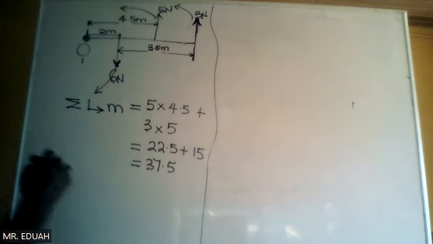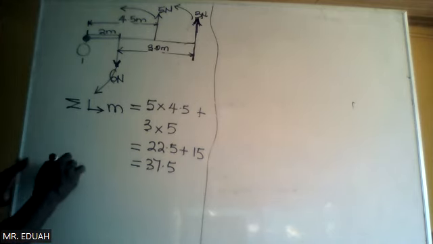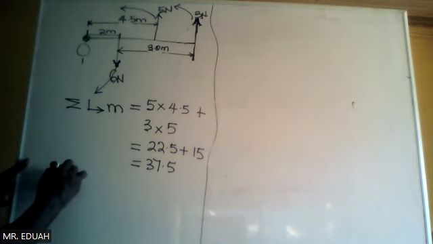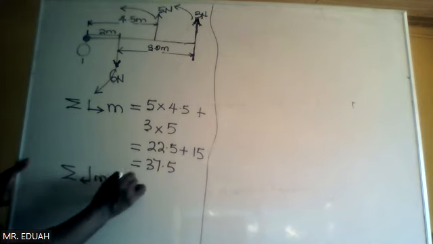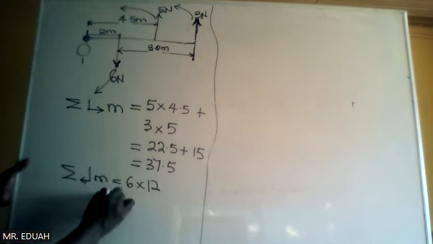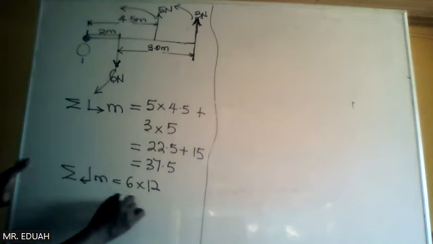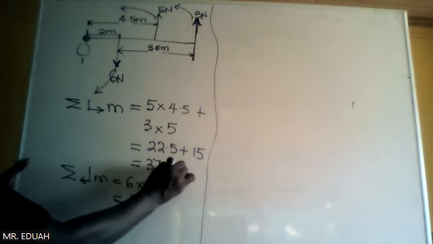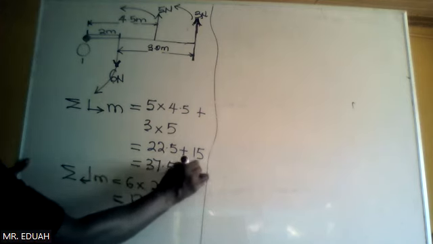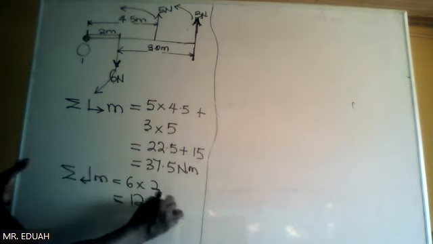Now let's look at the clockwise moment. In the clockwise moment, we have 6 times 2, giving us 12. This is in Newton meter.